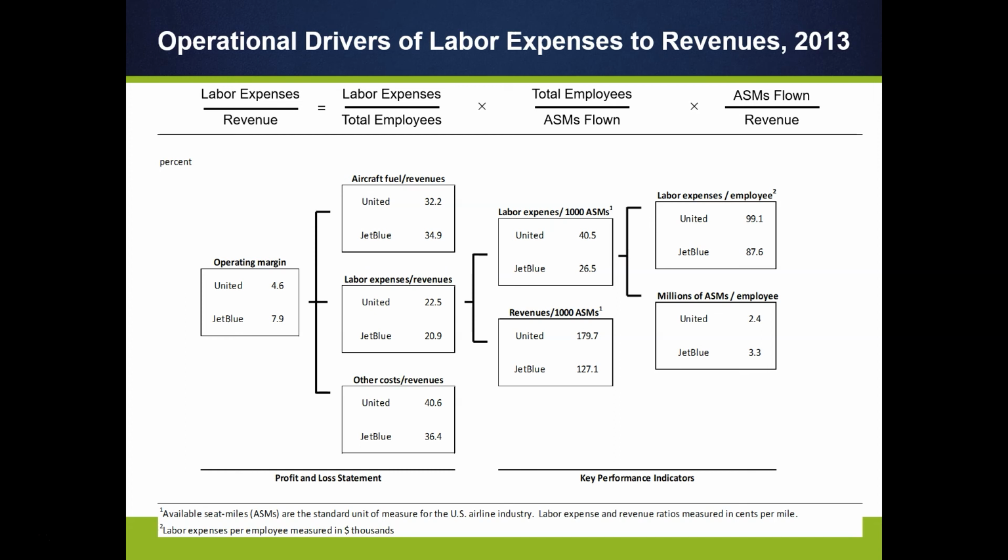And if we look at millions of available seat miles per employee, we see a sort of twofold effect going on here. One is, United takes 2.4 employees to fly 1 million seat miles, and JetBlue takes 3.3. Right? So JetBlue is getting a more efficient use of its employees. Its employees are flying a full third farther, and they're getting paid less. So JetBlue employees are doing more for less than United, and that is driving a pretty significant difference in labor usage.